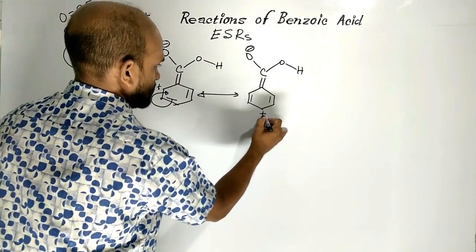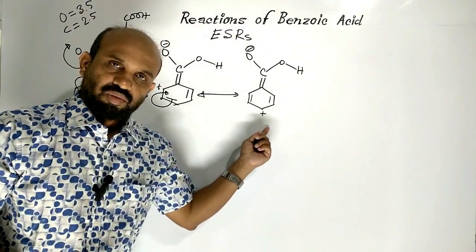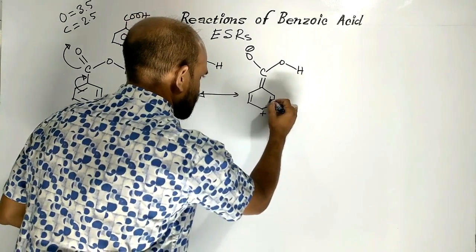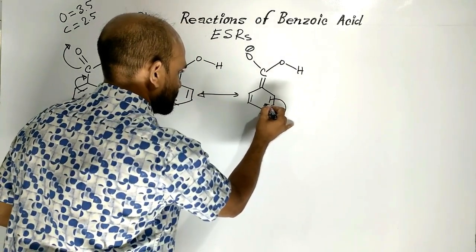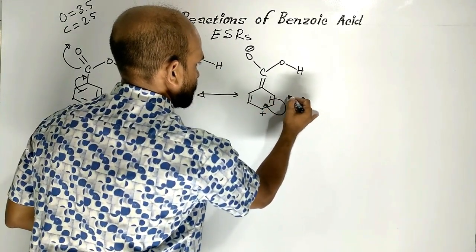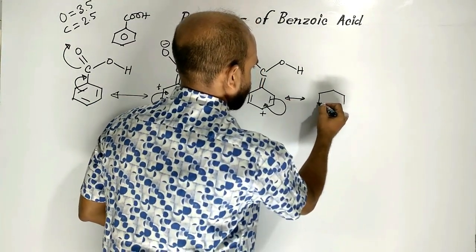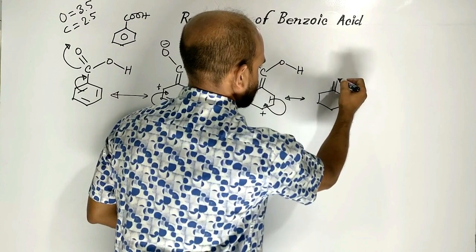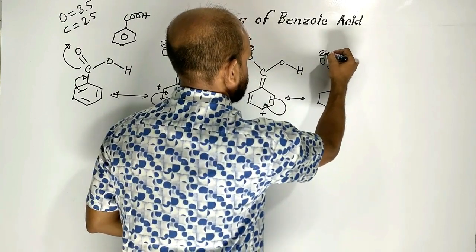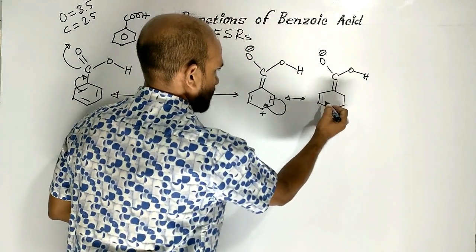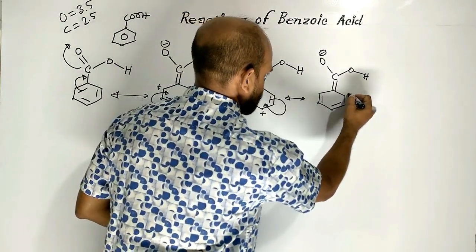Now paracarbon becomes positive in charge. Then this pi bond moves here, and this is obtained. Here double bond, here double bond.